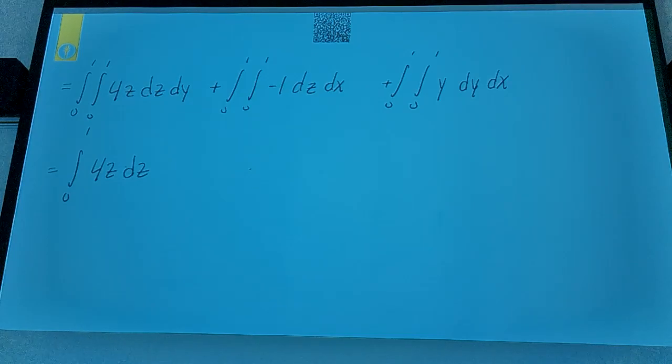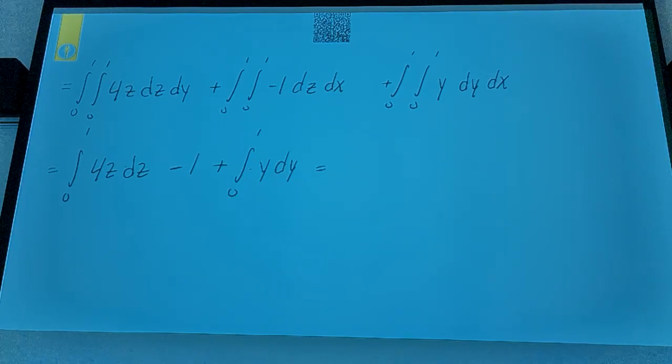That would be left with 4z. That's just going to be -1. And that last one winds up just being that single integral, right? Because if you evaluate with respect to x it's just 1. That makes this a lot easier.